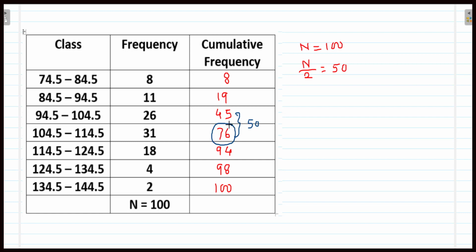The class that belongs to 76 is 104.5 to 114.5. So this is the class that belongs to the cumulative frequency 76, and this we take as the median class.